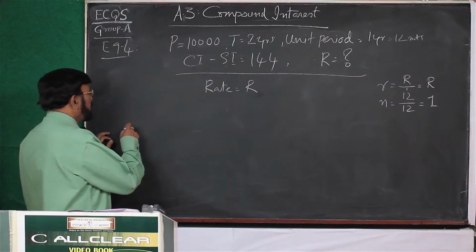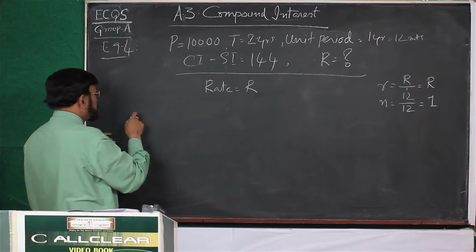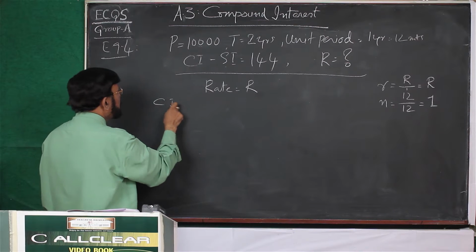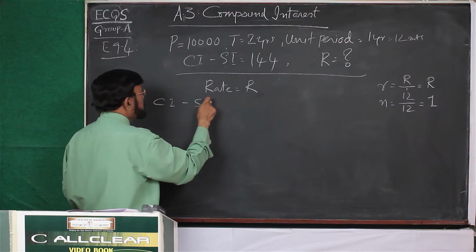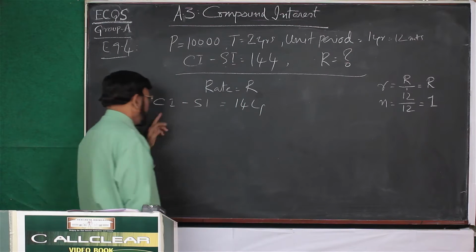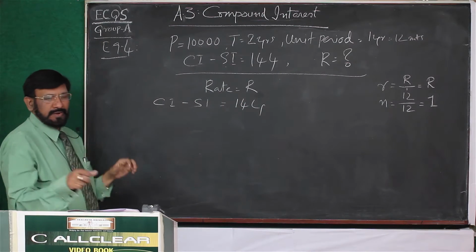Now, you see this first one, CI. CI minus SI is equal to 144, you have to write. How can you write the formula for CI?